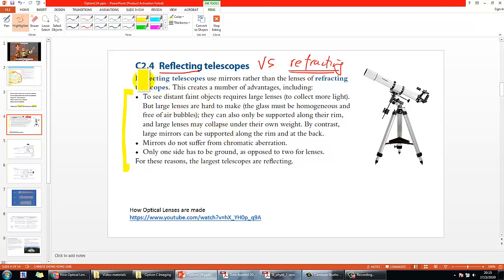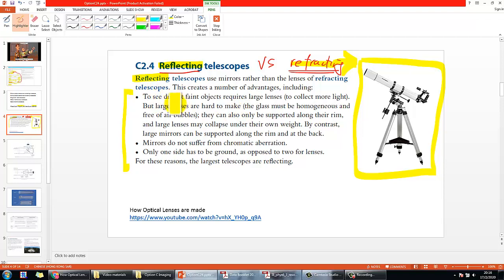The reflecting telescope actually has quite a lot of advantages. If you are a professional, you would rather use a reflecting telescope for observing the stars rather than a refracting telescope. The picture on the right hand side is refracting, and that is the one you use in the camp as well. I'll explain right now.